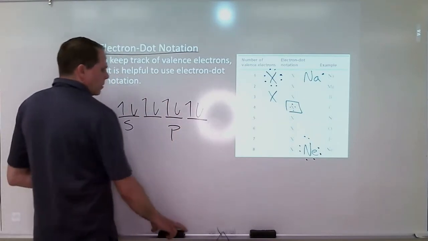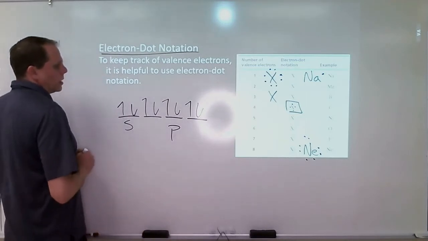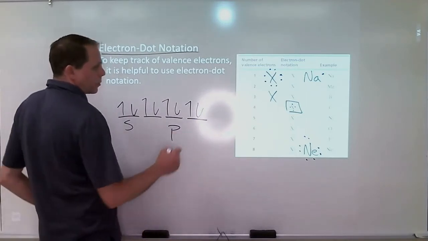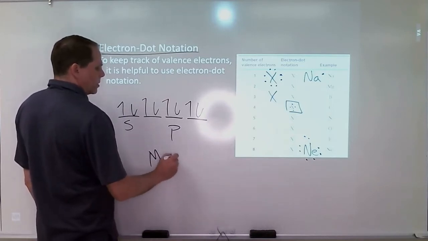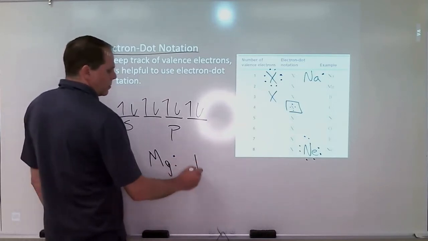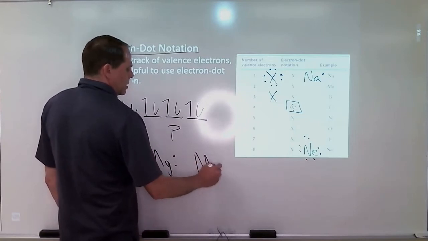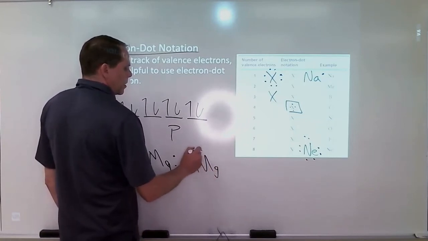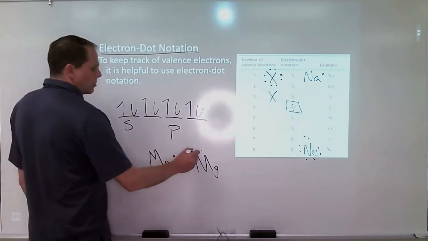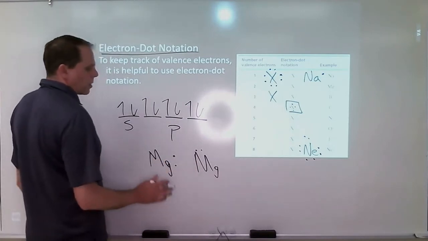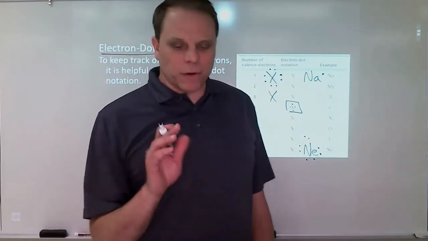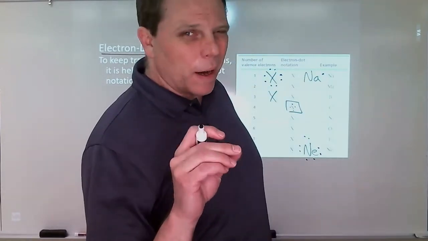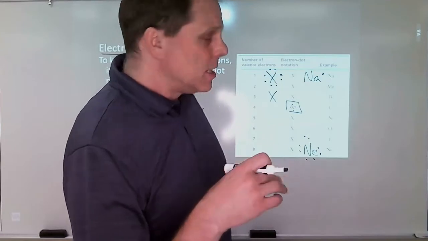Now, when we are actually doing the representation of this, for instance, if we're going to do magnesium, I am not going to care whether you put your 2 dots there or up there, or if you separate them out and put one on top, one on bottom. I prefer that my first 2 electrons be in pairs, just because that's typically what your S sublevel would do.